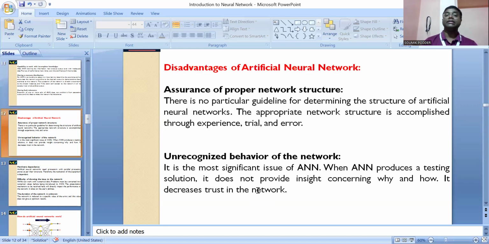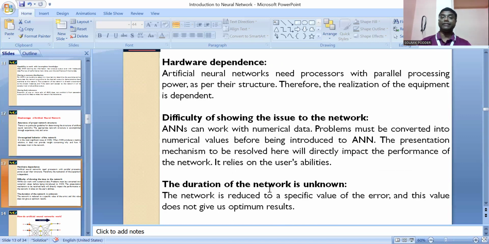But the disadvantages: first of all, the processing speed is quite low, because signal propagation takes place between multiple hidden layers, which creates some sort of latency or delay. Unrecognized behavior of the network: whenever unrecognized behavior is detected, the ANN will not perform effectively.